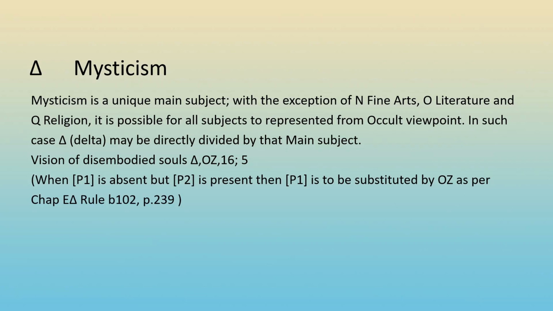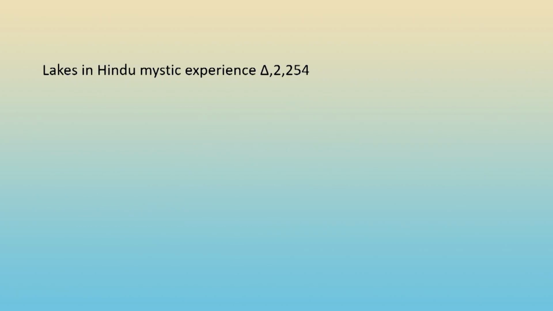When P1 is absent but P2 is present, then P1 is to be substituted by capital O capital Z as per chapter E delta rule small b 102, page number 239. Another example is lakes in Hindu mystic experience, denoted by the notation delta, comma 2, comma 254.